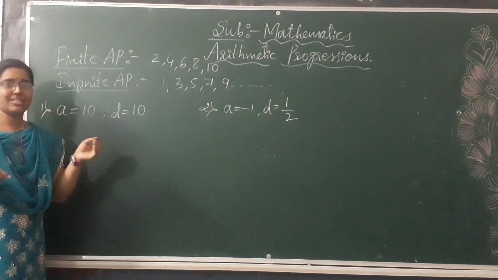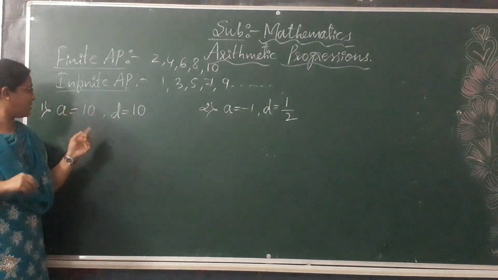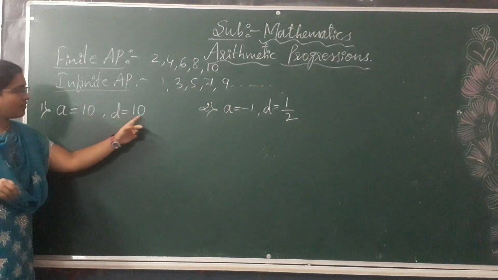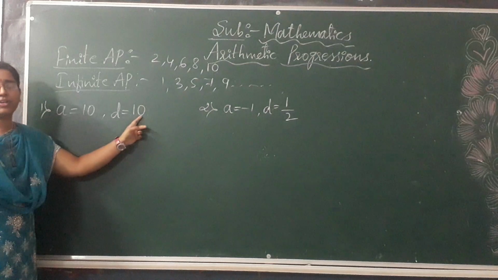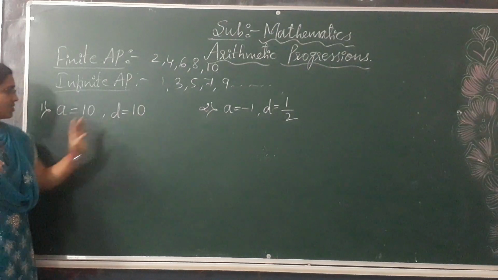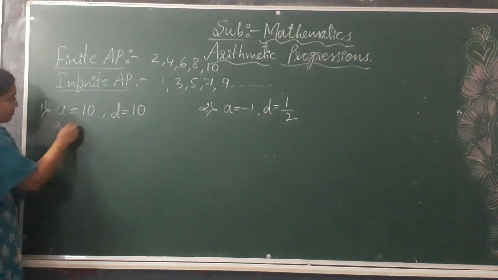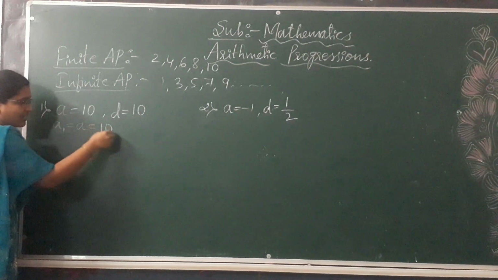Based on yesterday's concept and today's concept, let us solve a few problems. Here the first term a equals 10 and common difference d equals 10 are given. We have to find the first 4 terms of the arithmetic progression. A1 means first term, this is always equal to a, that is 10.